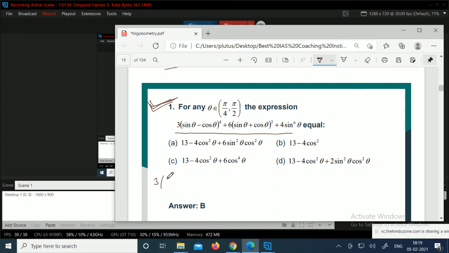Can I write this like (sin minus cos) whole square to the power again square? Can I write like this? Yes, sir. And here the 6, if I open this, then sin square theta plus cos square theta, isn't it? And what is the value of this?